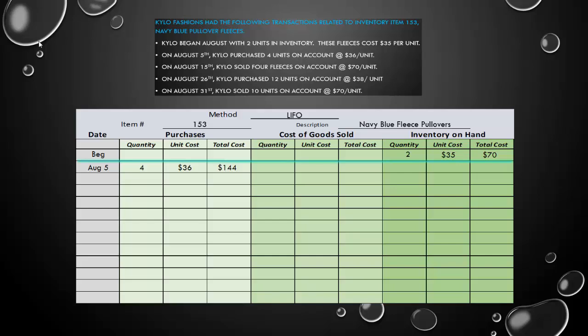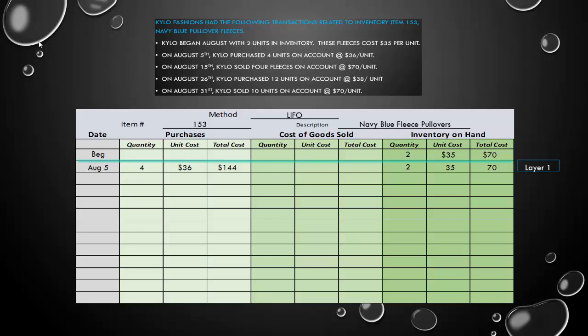Now we have in total 6 units in inventory, but they have different cost bases. Some of them are $35 fleeces, some of them are $36 fleeces. So how do we track this? Well, we're going to what they call layer our inventory. We're going to start by bringing down the inventory we had on hand before the purchase. We had 2 units with a $35 unit cost and a total cost of $70.